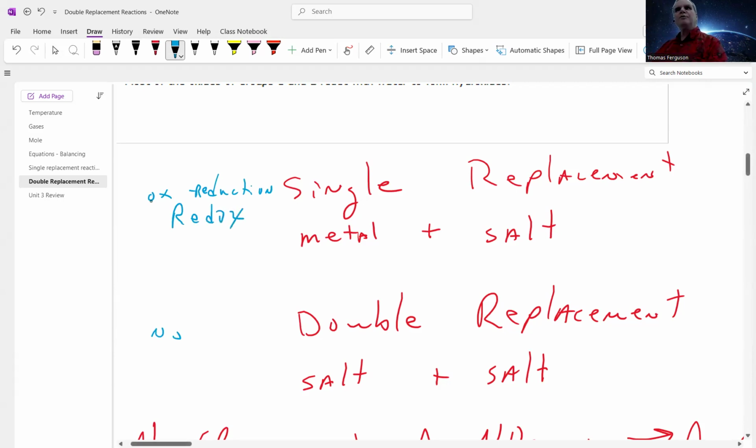They abbreviate that redox. And the double replacement reaction is there's no oxidation reduction, only single replacement. And the metal is what's being oxidized and reduced.